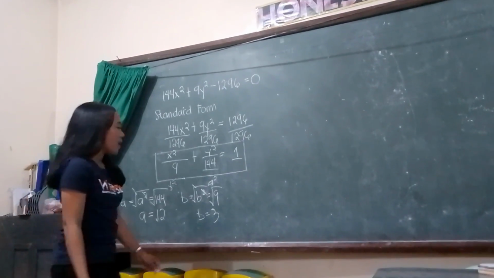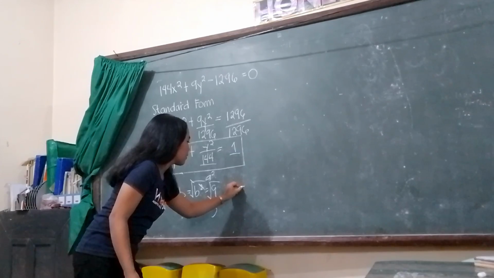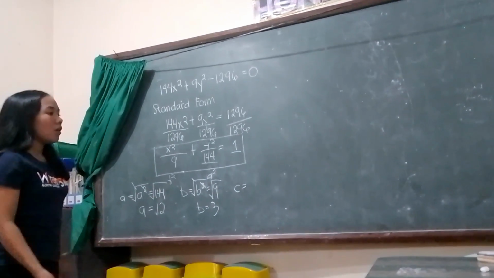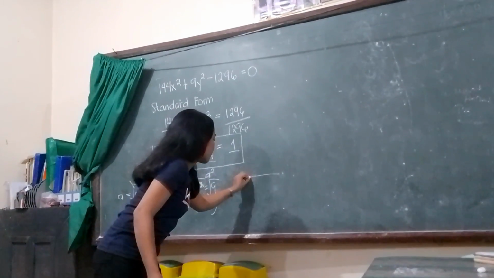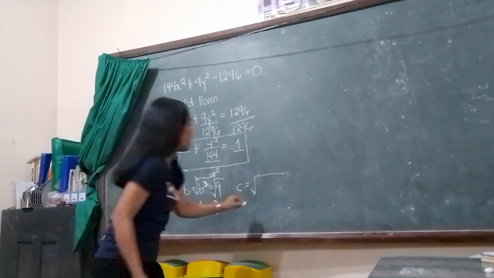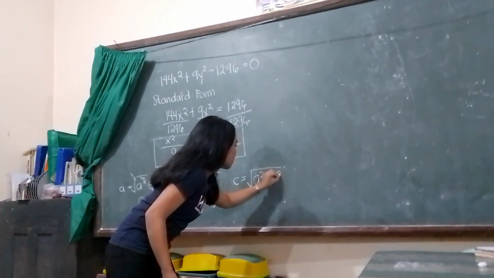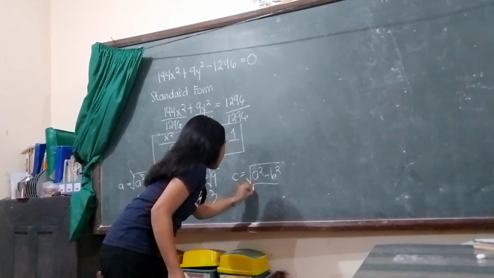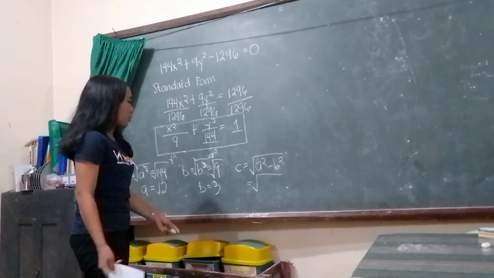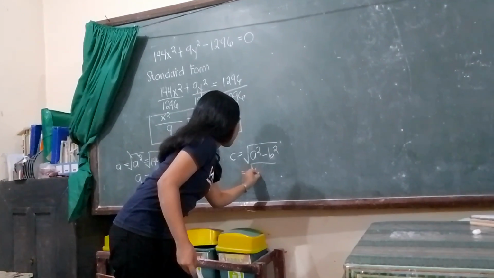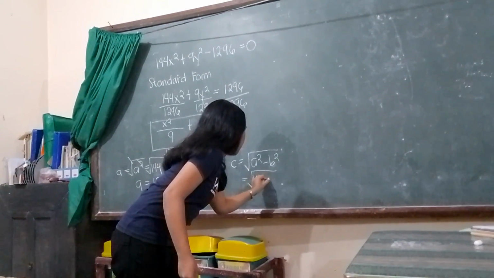And for our c, all we need to do is to find the square root of a squared minus b squared. So our a squared is 144 minus 9.